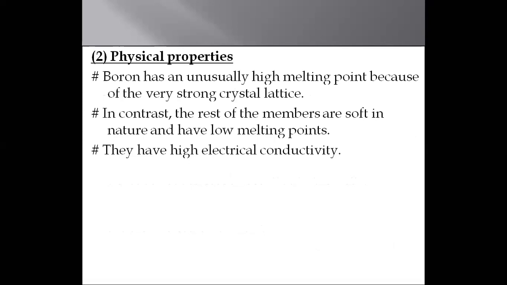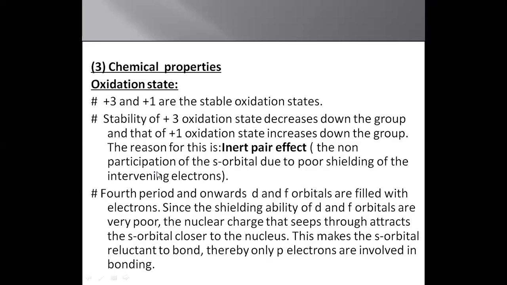In contrast, the rest of the elements are metals and are soft in nature, so they have low melting points. And the electrical conductivity of these elements is very high.